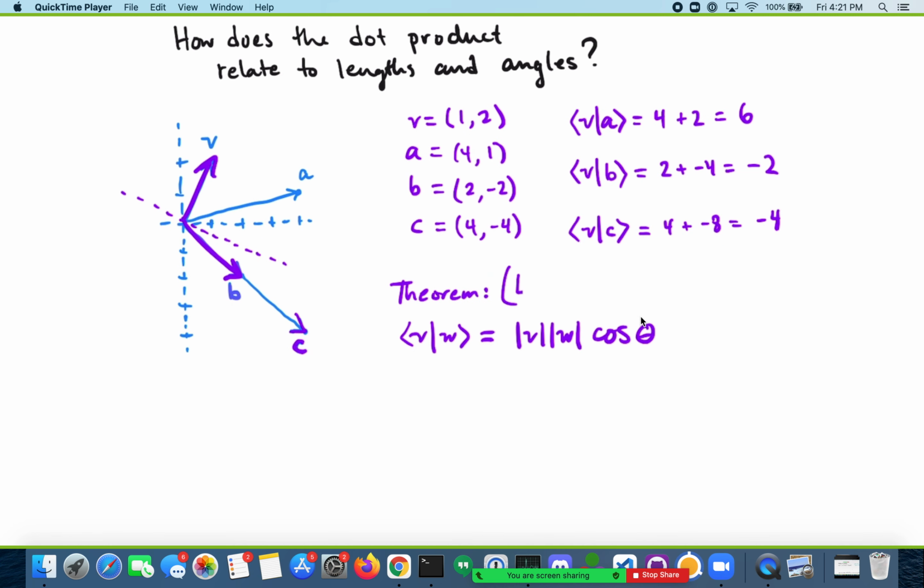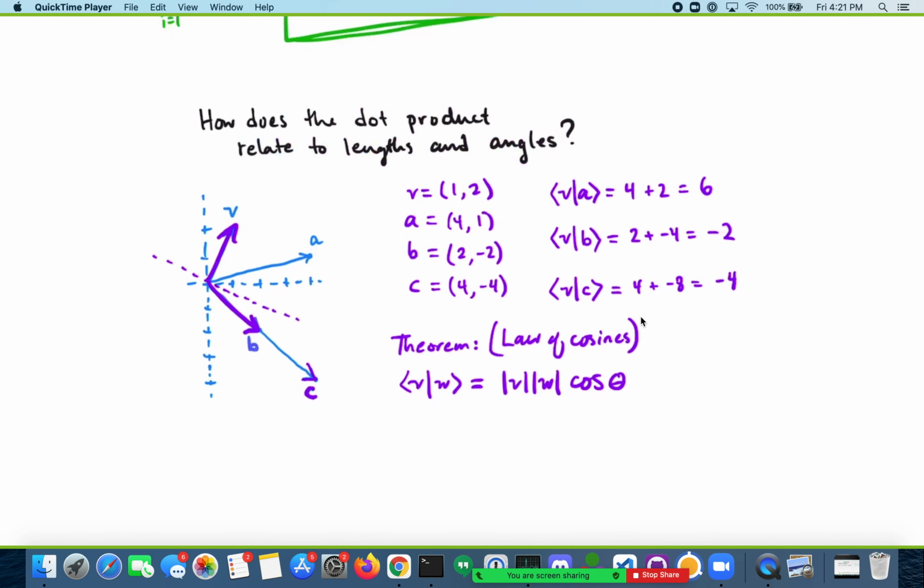This follows from the law of cosines, which you have seen in trigonometry or geometry, but it's actually not that important for us. What's really important is that we just know this fact, and we're going to use this fact often.